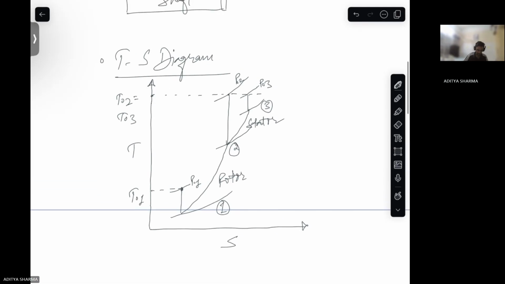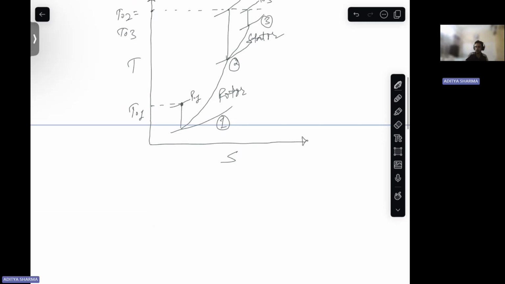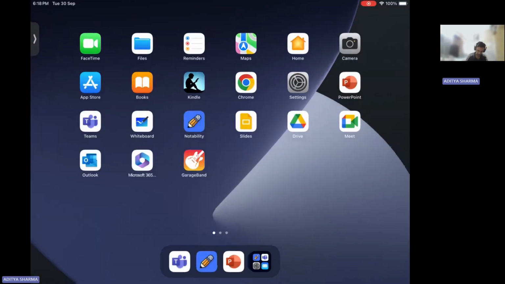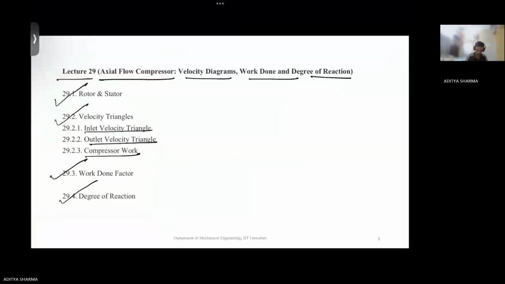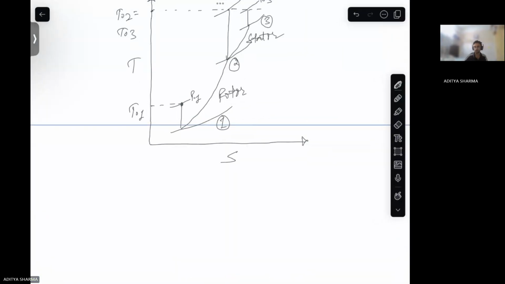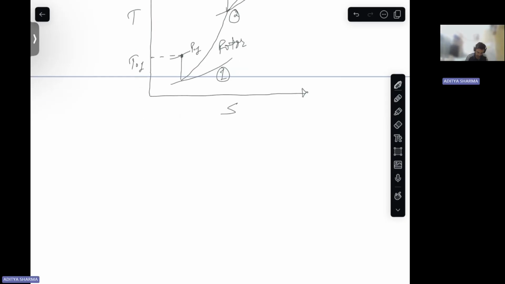And yes, so this is your TS diagram for your axial flow compressor. Then we'll see the velocity diagrams, velocity triangles. So let's see the velocity triangles.